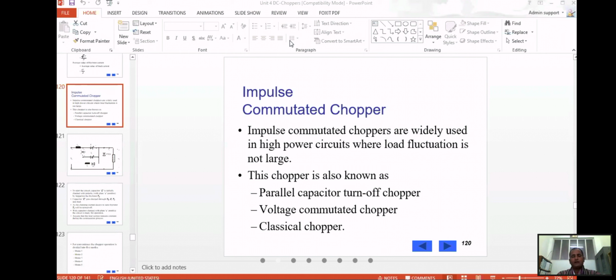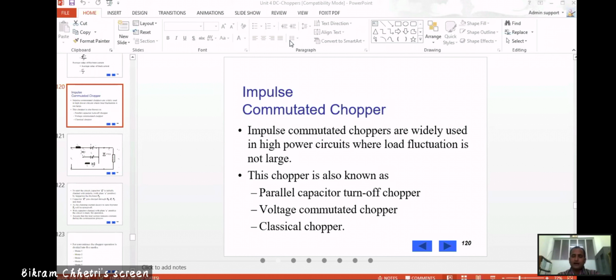Now this is another type of chopper, known as the impulse commutated chopper, meaning that in this chopper commutation is possible. These are widely used for high power circuits where the load fluctuation is not large, where there is a constant load.